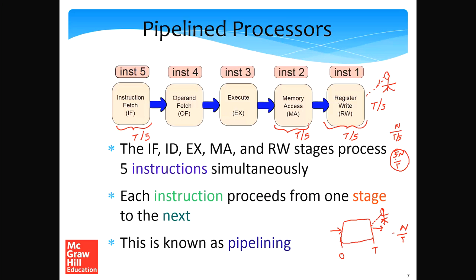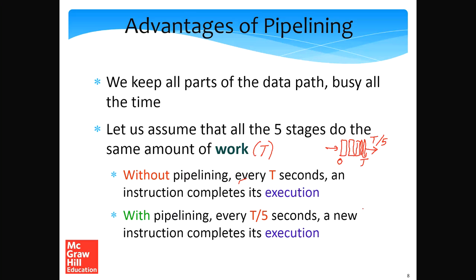Every t by 5 seconds a new instruction is coming out. So the rate of instructions coming out is 5 times more as compared to a non-pipeline processor. As a result, if a program has n instructions, then it will execute 5 times faster. All right.